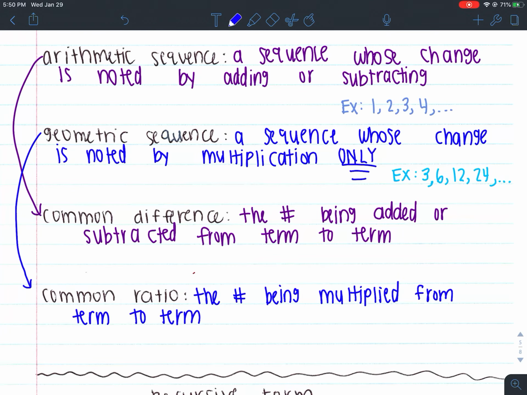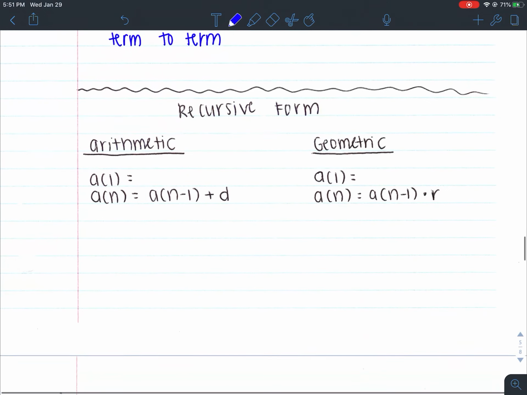So for example, in the example up here, the number that I'm multiplying each time is 2. So my common ratio is 2. Remember, common ratio has to do with geometric. Common difference has to do with arithmetic. The common difference is what you're adding or subtracting each time, and the ratio is what you're multiplying each time. Okay, so that's just a little bit of vocab there.